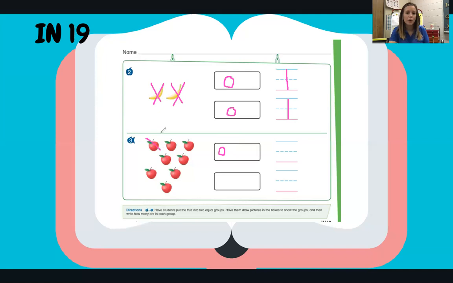Look, 1 counter, 1 apple. Now let's take turns drawing 1 in each box and Xing them off as we go. As I'm doing this, you can do it with me. Remember, there should be 1 counter to represent each apple.